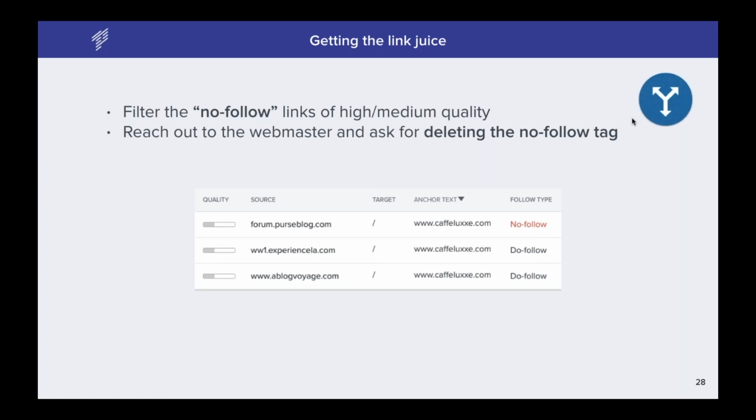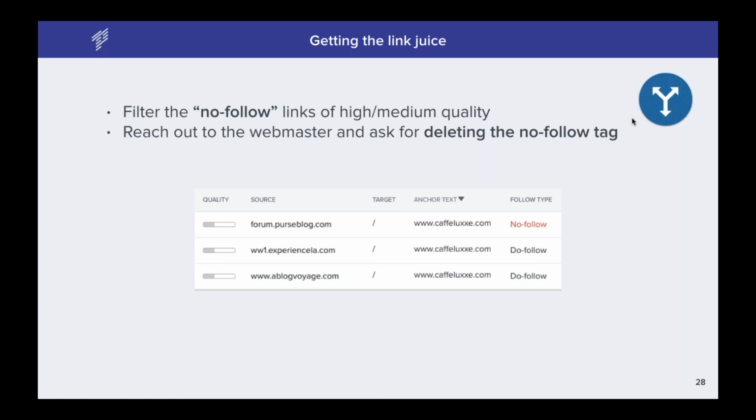Now there may be a situation when, instead of a dofollow, they added a so-called nofollow tag. When a link is a nofollow, it does not pass on its link juice, and it may not help your domain get better results in the SERPs. So what you have to do, when you are looking through your backlinks profile, and you can actually do it in Positionly, is filter the nofollow links that are of high or medium quality.